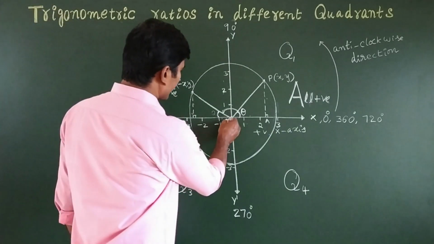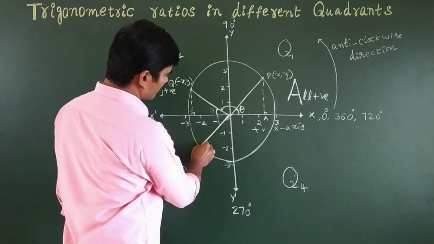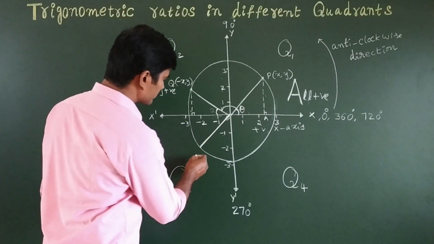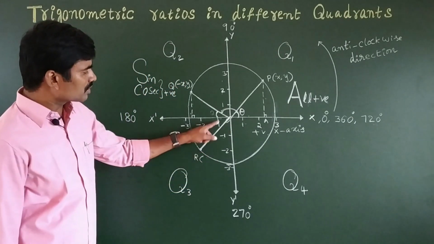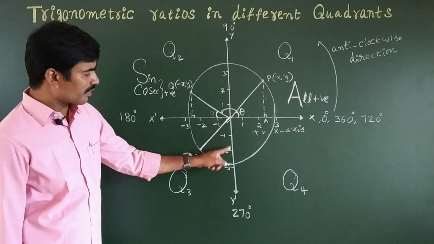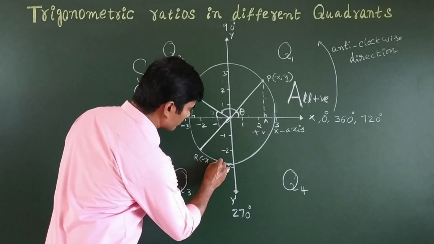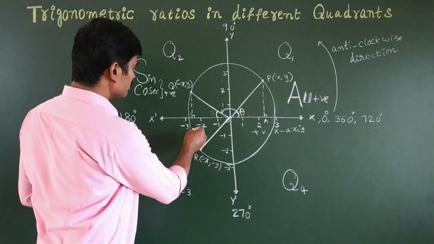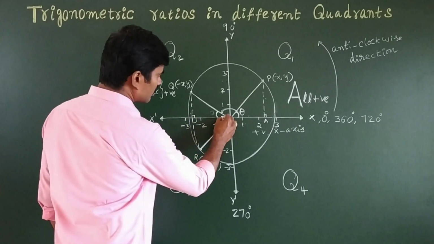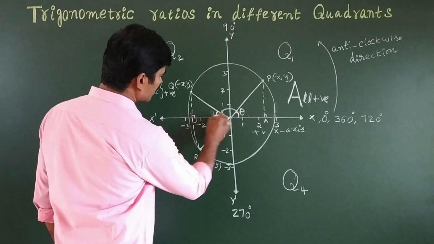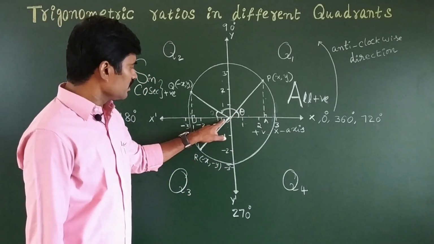Next, again take a radius in quadrant 3. Suppose in quadrant 3, both the x-axis and y-axis are negative. So the x coordinate and y coordinate both are negative. Draw a perpendicular line again. Let the angle between these two rays be theta. We will check sin theta.